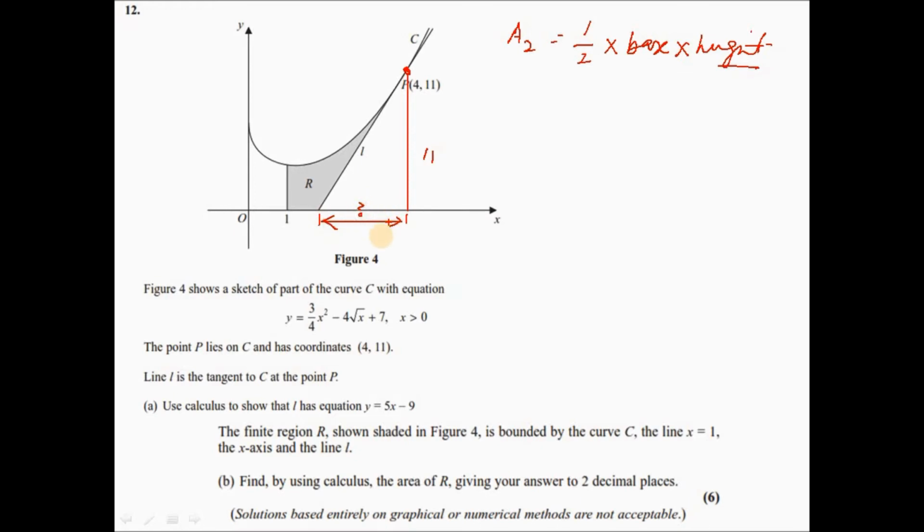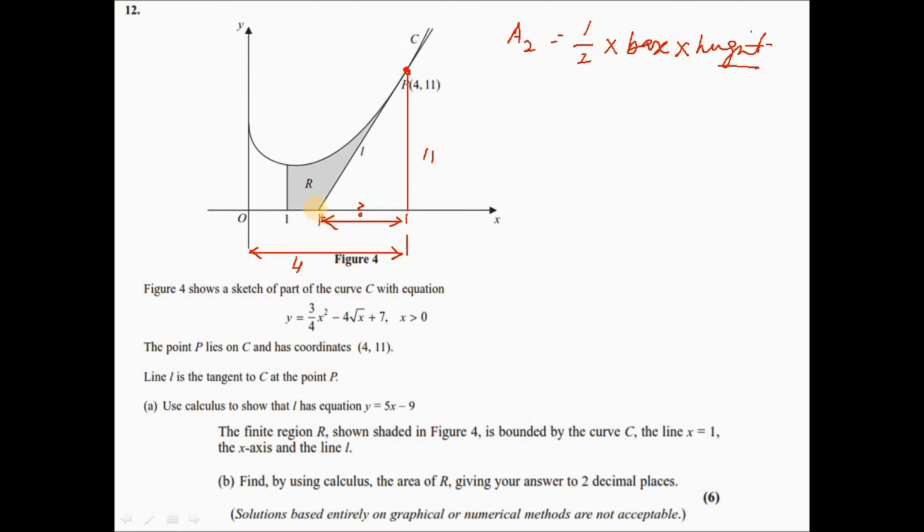We know that the x coordinate of point P is 4, so the total distance is 4 units.